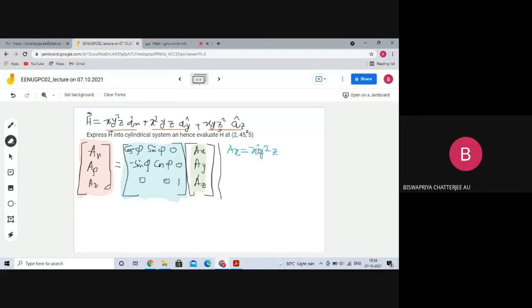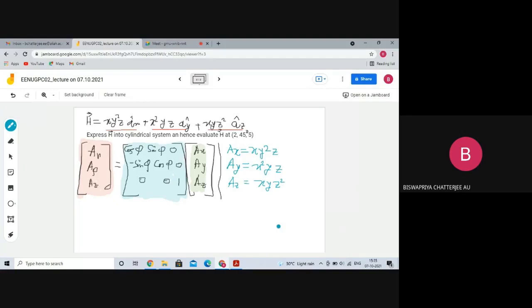Okay, it's only x y square z. So what will be the value of Ay here? Ay is x square y z. And what will be the Az here? Az is equal to x y z square. So these are the known parameters given to you.